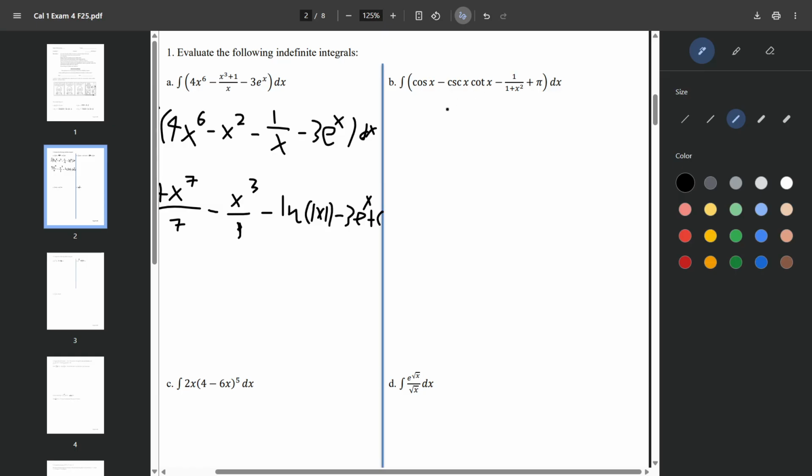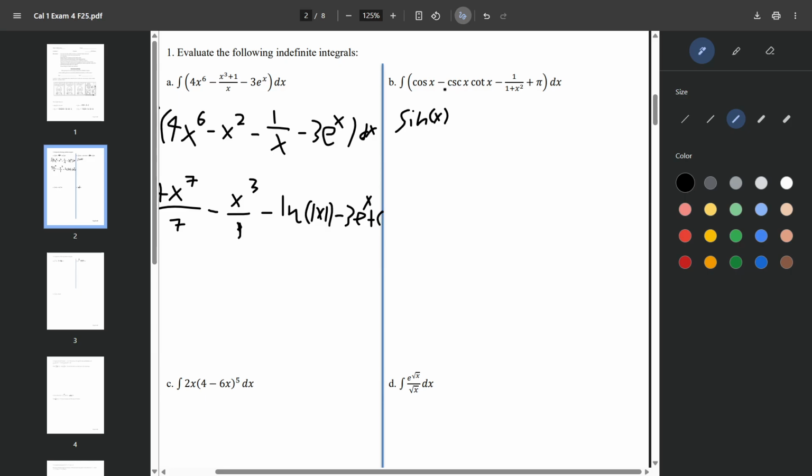Next part is part B. The antiderivative of cosine x is sine x, because the derivative of sine x is cosine x.